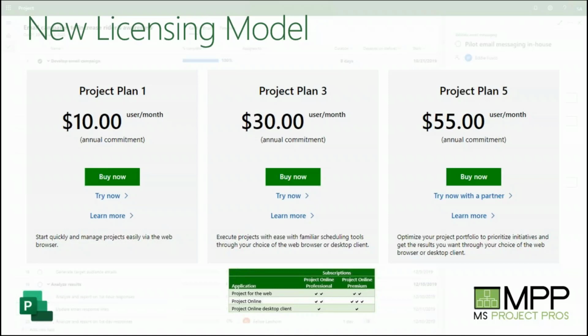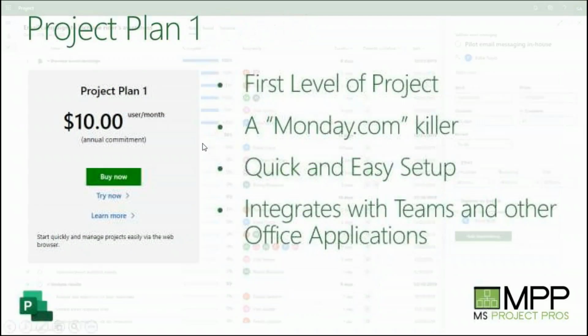All right, so this first plan, Project P1, you can think of as the first level of project, right? This kind of introduces the user into using something like a Gantt chart, for example, or managing a list of centralized tasks. And so those capabilities of being able to create things like dependencies, associate tasks into certain buckets, for example, and managing the actual assignment and tracking those updates, marking the task complete.